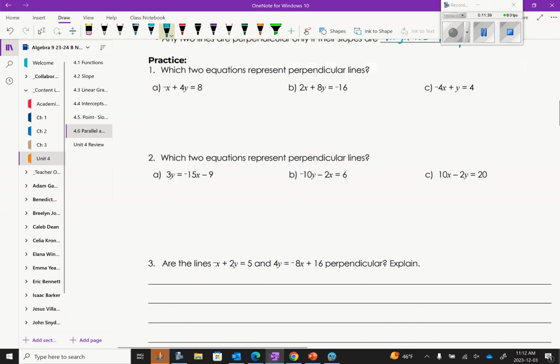Suppose you don't have the graph to look at. We can figure this out just by looking at the equation of the line. First one here, let's put it in slope-intercept form by first of all adding x to both sides. And then divide. For the second one, start by subtracting 2x.